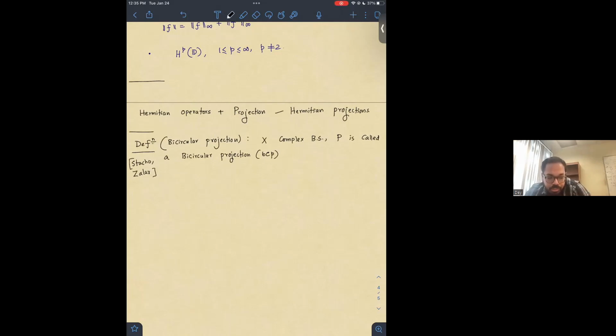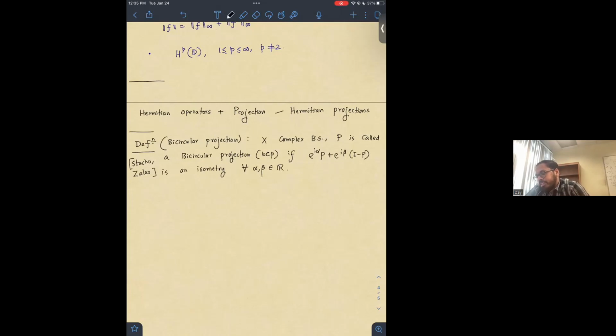So I call it BCP, okay? It's a BCP if this linear combination is an isometry. And what are alpha and beta? Alpha and beta are any real numbers.